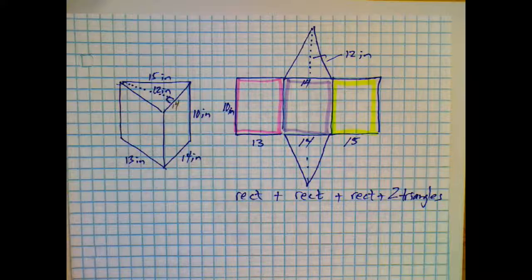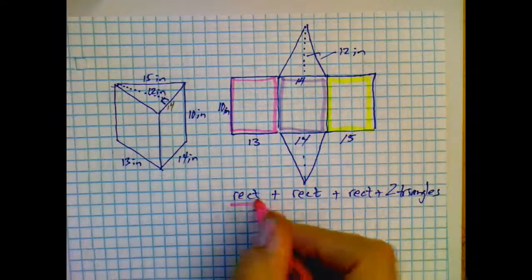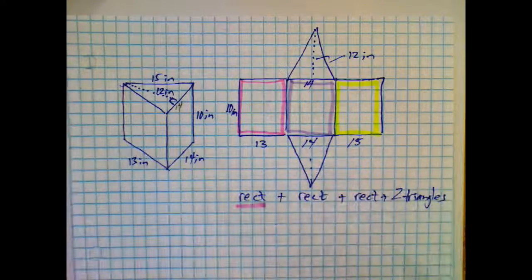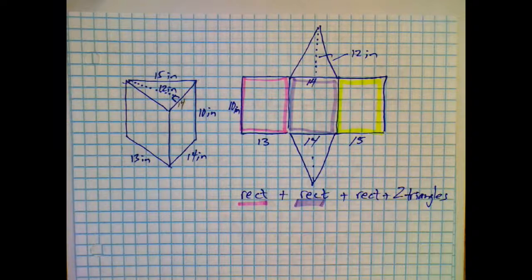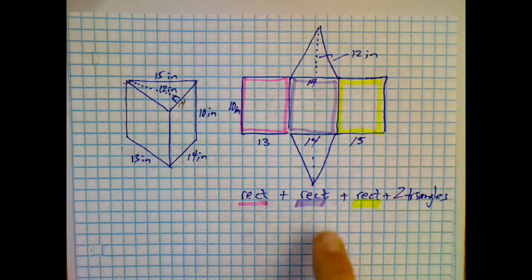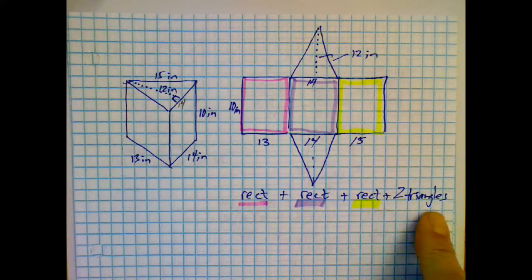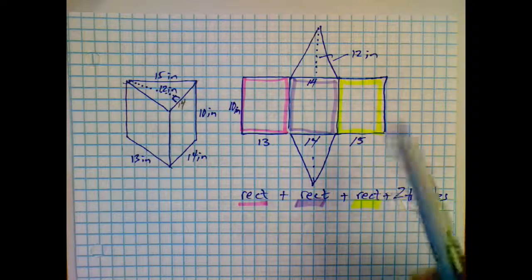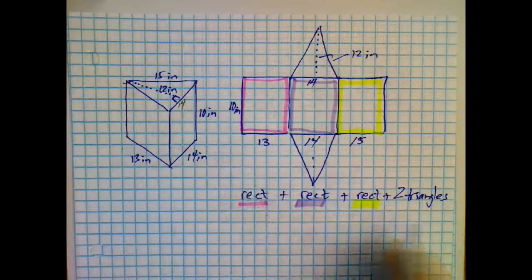And we'll color code them just so we make sure. So I have a pink, and I have a purple, and I have a yellow rectangle. Okay, so now I've written an expression in words that captures all the sides of my triangular prism.